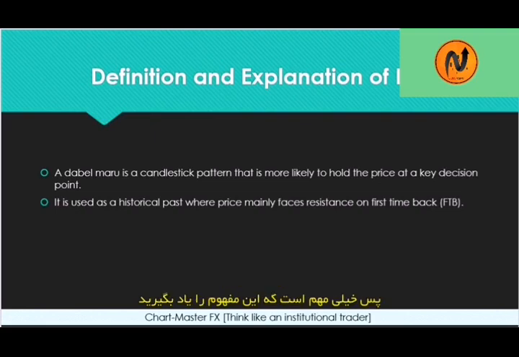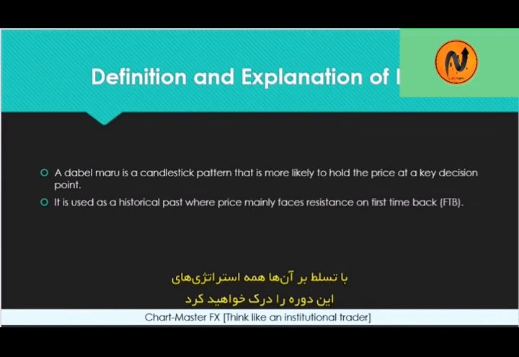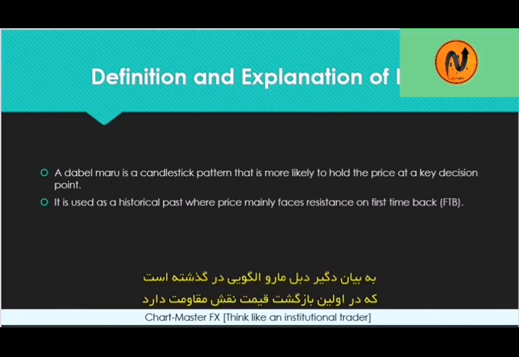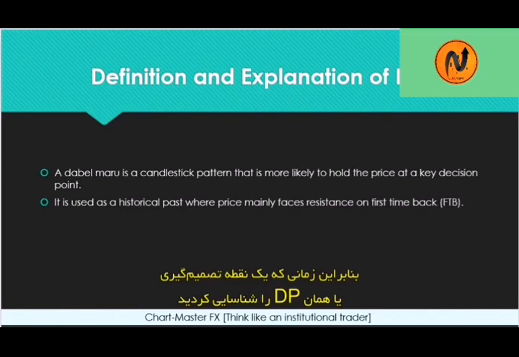It's very, very critical for you to understand this concept so that you may have a full comprehension of all the big strategies and all the SOP that we are going to be trading here at Chatmaster FX. In other words, the Dabel Maru is used as a historical past where price mainly faces resistance on first time back.